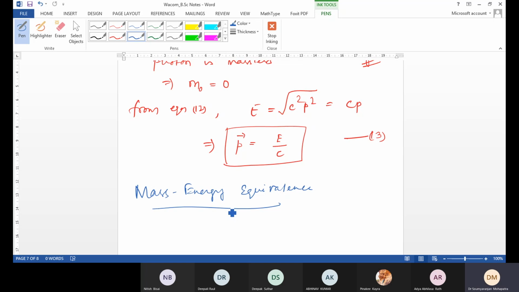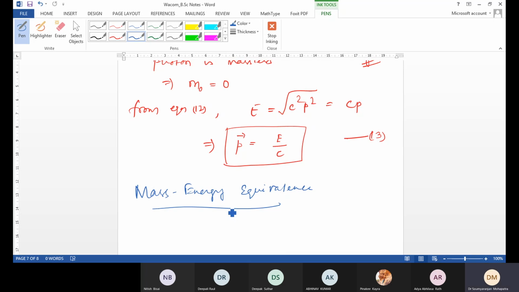When a bigger nucleus is bombarded with fast moving neutrons, it undergoes a nuclear fission reaction and two daughter nuclei are formed. If you add the constituent masses of those daughter nuclei, you will not get the same as the parent nucleus, but it is a very small difference. At that time, this small difference could not be explained by nuclear physicists until the mass energy equivalence relation was accepted. So there also this relativistic factor comes into the picture.